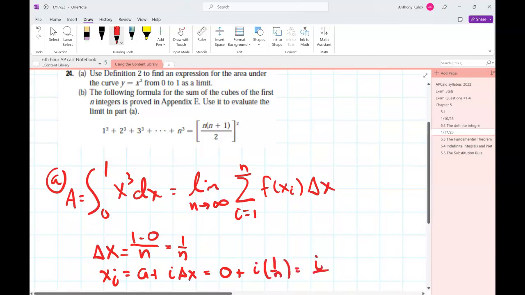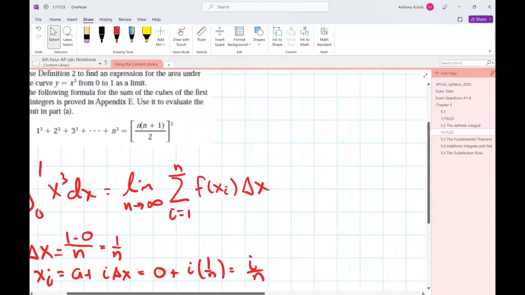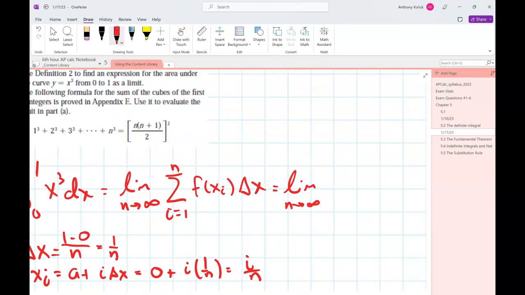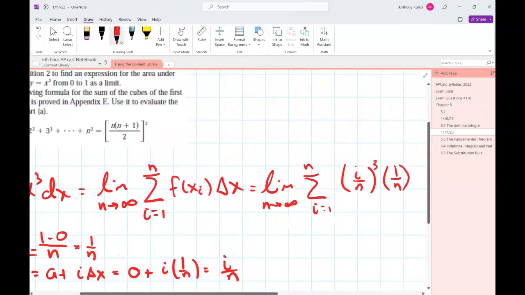So that's just going to be i over n. So if I plug in x sub i into my f of x, which is x cubed, and I plug in 1 over n for delta x, I have this.